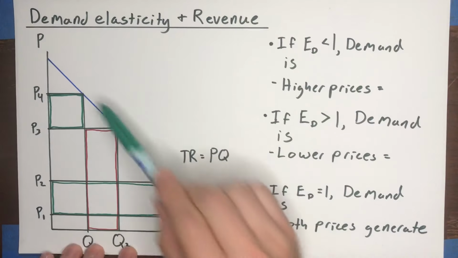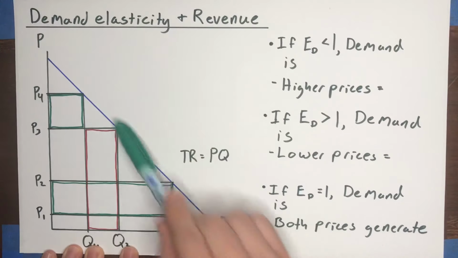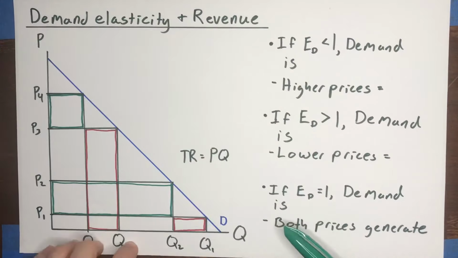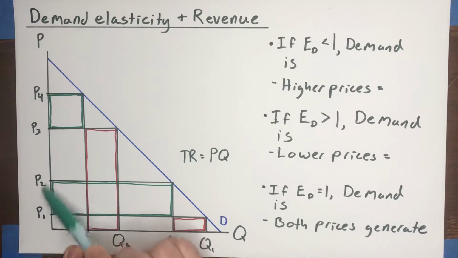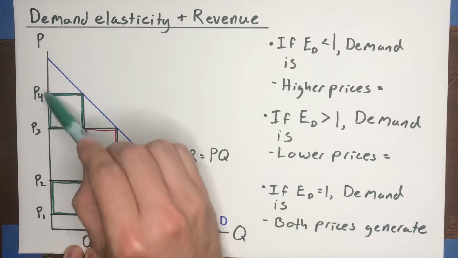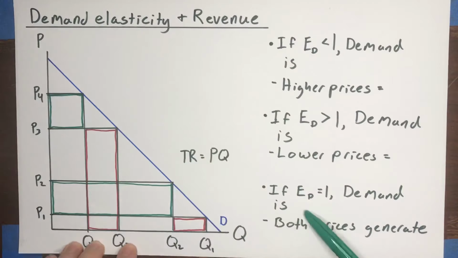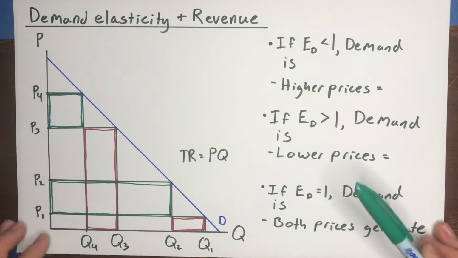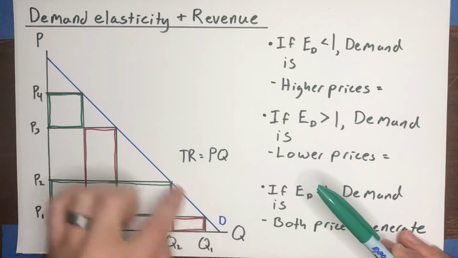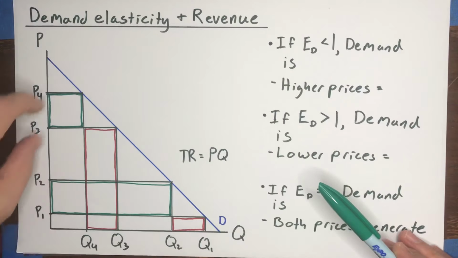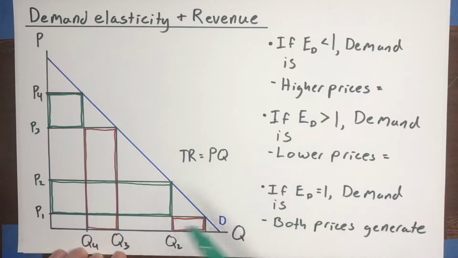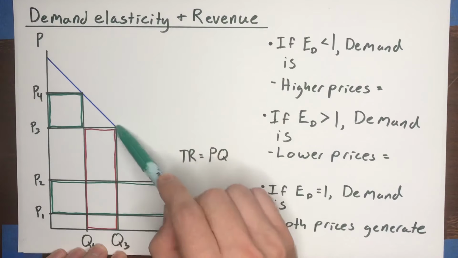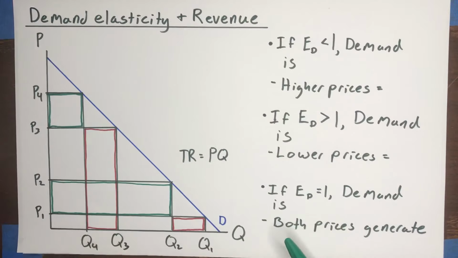Now notice that this demand curve has the same slope all along, and the distance between P1 and P2 is the same as the distance between P3 and P4. And yet, even though the slope of the curve and the distance between those two points have stayed the same, in one case the higher price gives you greater revenue, and in the other case the lower price gives you the greater revenue.